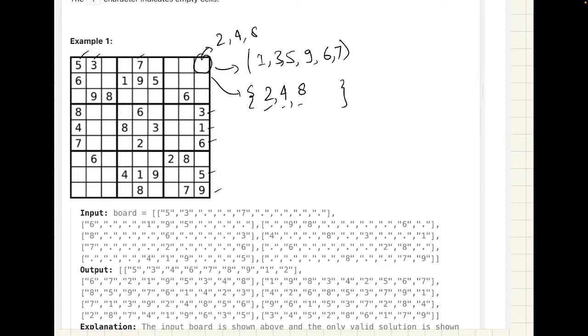If I do it in a logical way without using DP or caching, a brute force basically, then I have to first put 2 and then move forward with the next steps. Then I have to put 4 and move forward with the next steps. So I will put 2 over here, then move forward with the next cell, and we will choose the value for this cell as well.